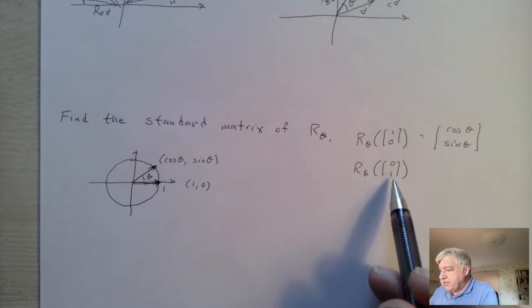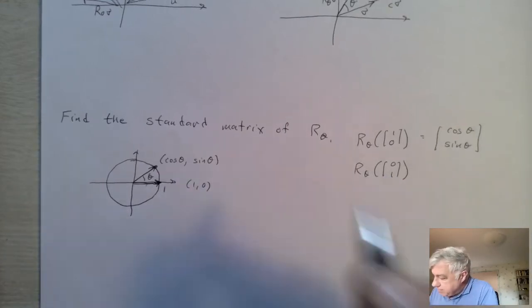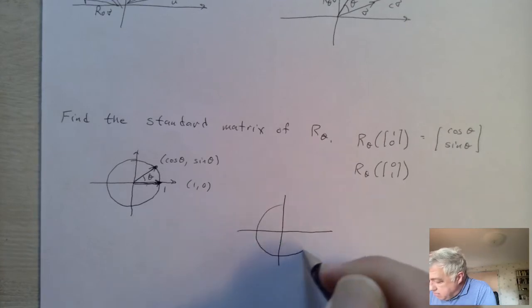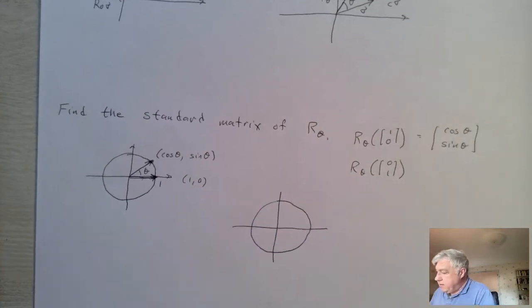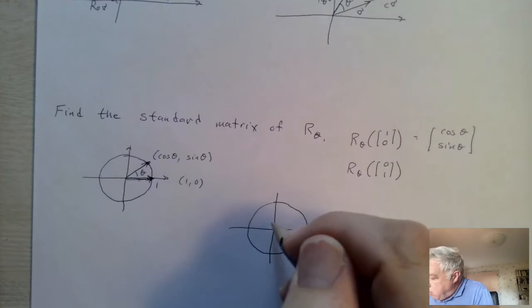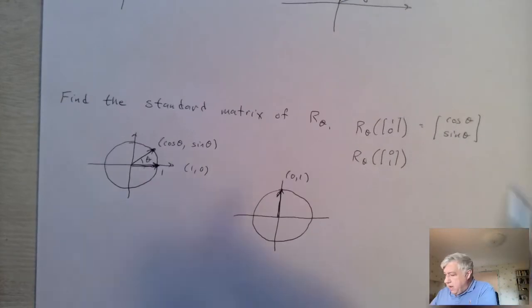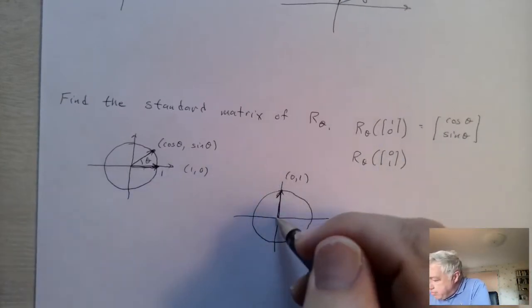Now to see what happens to the vector (0, 1). Let me remind you that (0, 1) is this vector right here, and we want to rotate it through theta.